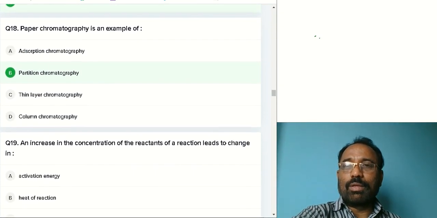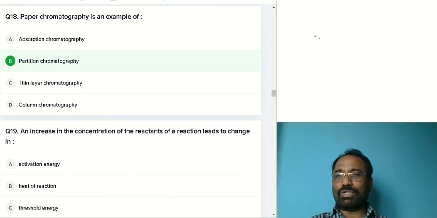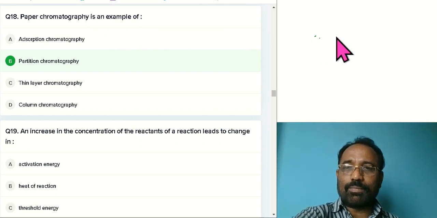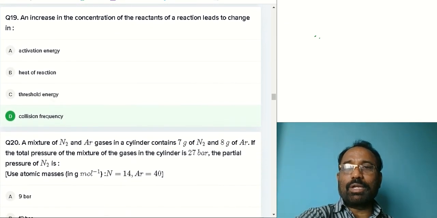Next, paper chromatography is an example of. It is directly from first year or 11th class organic chemistry, directly from the NCERT book. Paper chromatography is an example of partition chromatography. Next, see question number 19.